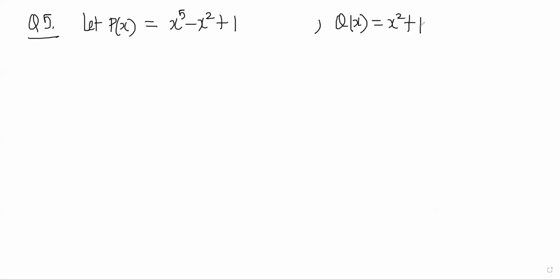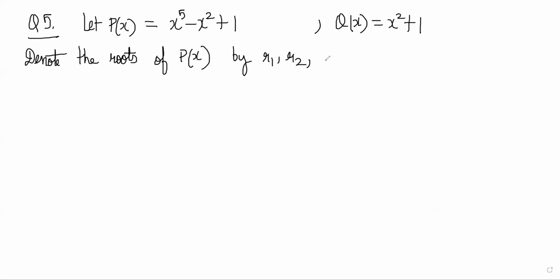Question number 5. Let P(x) be equal to the polynomial x power 5 minus x squared plus 1, and let Q(x) be equal to x squared plus 1. Denote the roots of P(x) by R1, R2, R3, R4, R5.